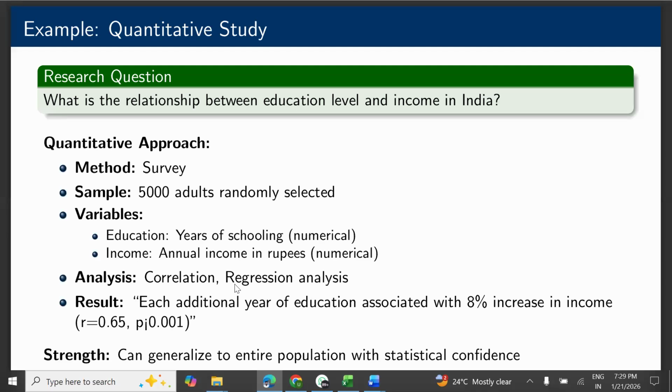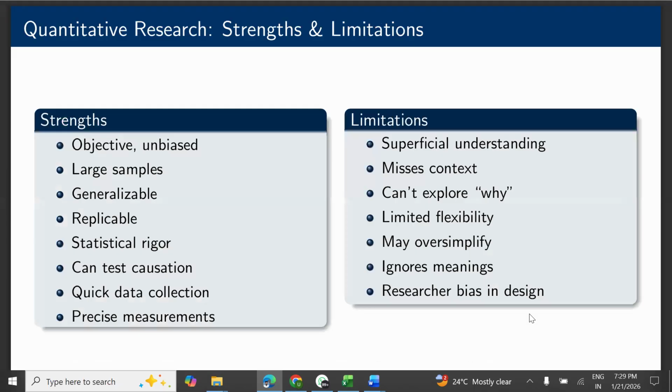So what kind of analysis will you be doing? Correlation and regression. Suppose you get, it's a hypothetical result, a correlation of 0.65. Each additional year of education is associated with an 8% increase in income, which will come from the regression analysis. Now the strength is, can we generalize to the entire population with statistical confidence?